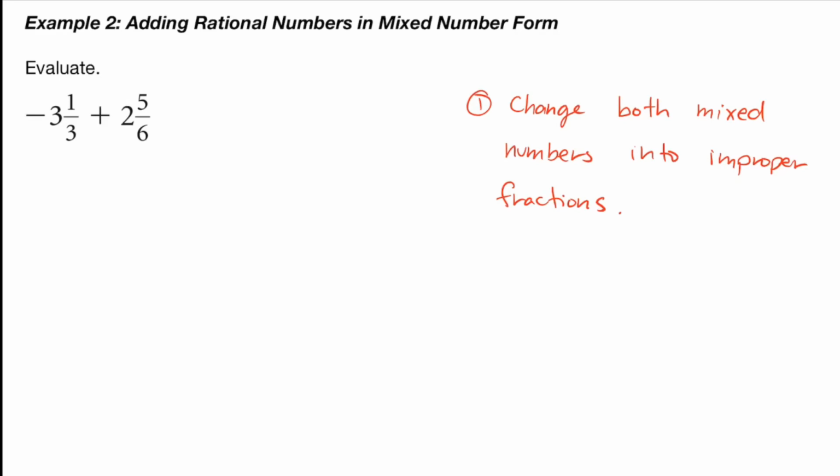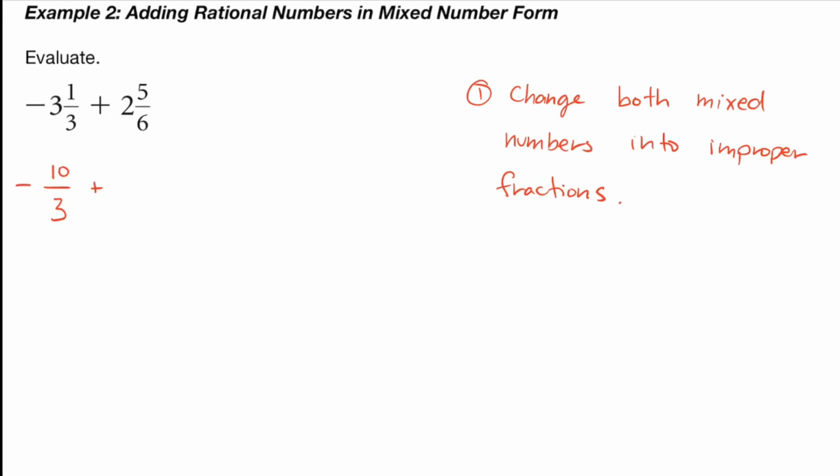Remember, if there's a negative, don't do negative 3 times 3, just do 3 times 3 plus 1, and add the negative. So this is going to be 3 times 3 is 9 plus 1 is 10. So it's negative 10 over 3 plus 2 times 6 is 12 plus 5 is 17 over 6.